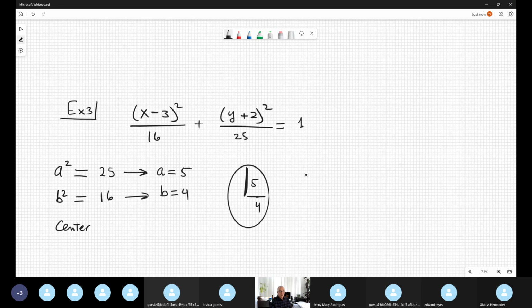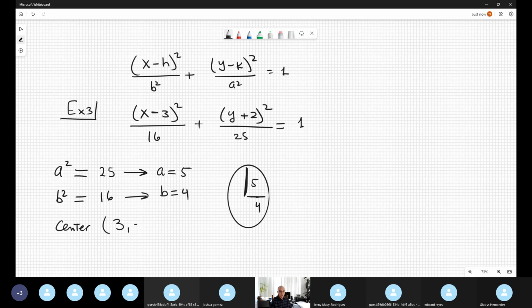Let me copy my standard general form: (x minus h) squared over b squared plus (y minus k) squared over a squared equals 1. By identification, a squared is 25, b squared is 16, but h is 3, look. However, k is negative 2. Do you see or no?